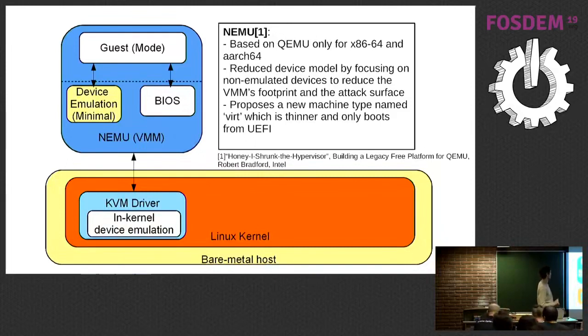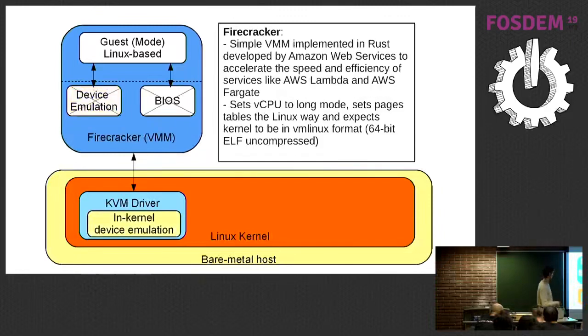And the last approach that I tried was Firecracker, which I think became public in December. The nice thing here is that they don't have any device simulation. All the hardware is based on Virtio.